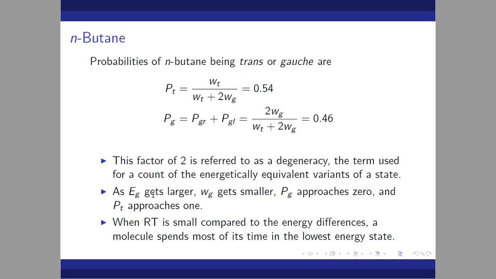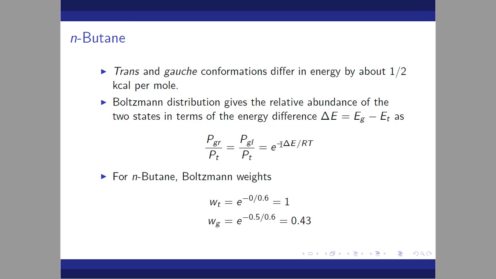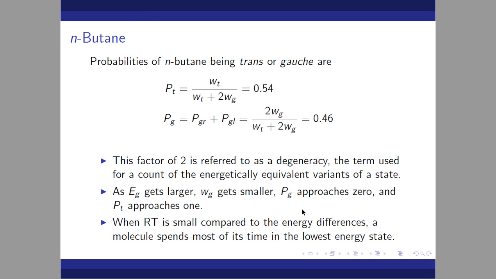So if E gauche is large, from here it is exponential minus large, so out of 100 N-butane, all are in the trans conformation, none in the gauche conformation.